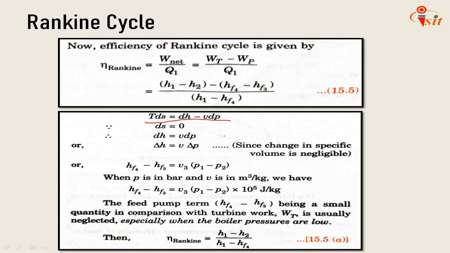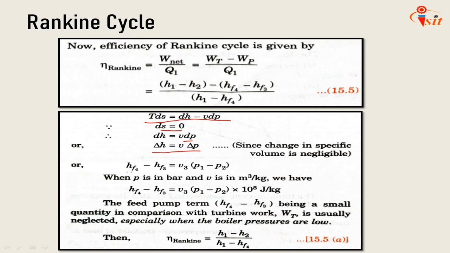That we have seen in basic thermodynamics, the entropy equation. So dS equal to 0, dH equal to VdP, and delta H will be V delta P, since the change in specific volume is negligible.